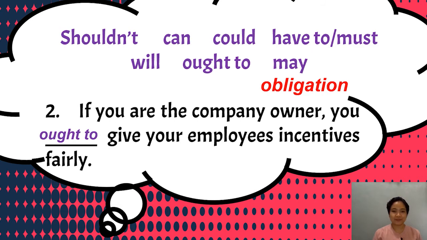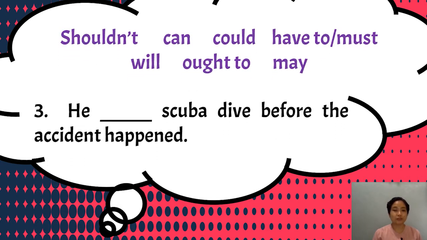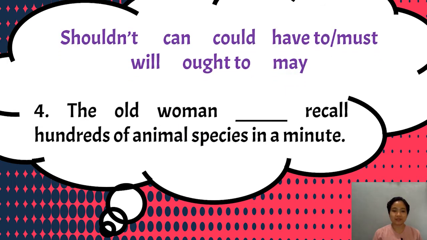Number 3. He blank scuba dive before the accident happened. Answer: could, because it is a past ability. Number 4. The old woman blank recall hundreds of animal species in a minute.